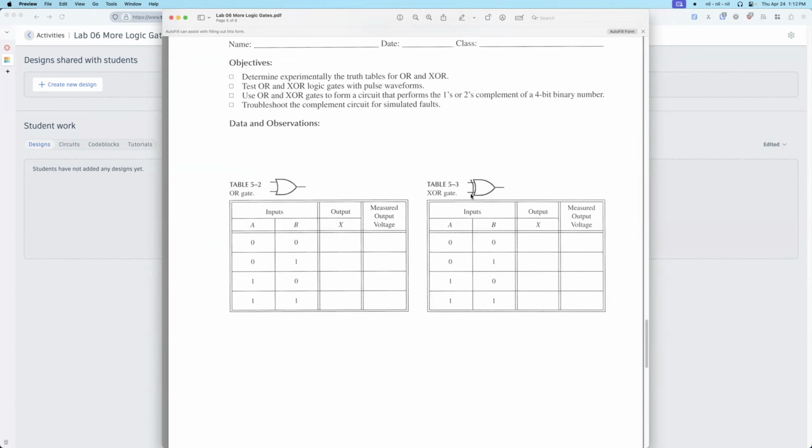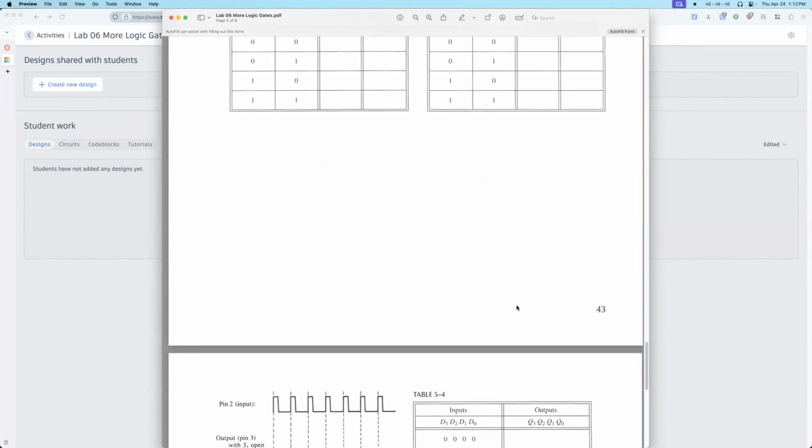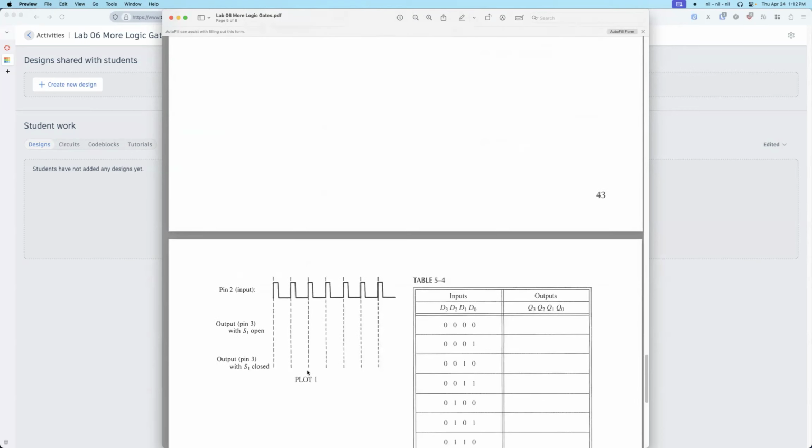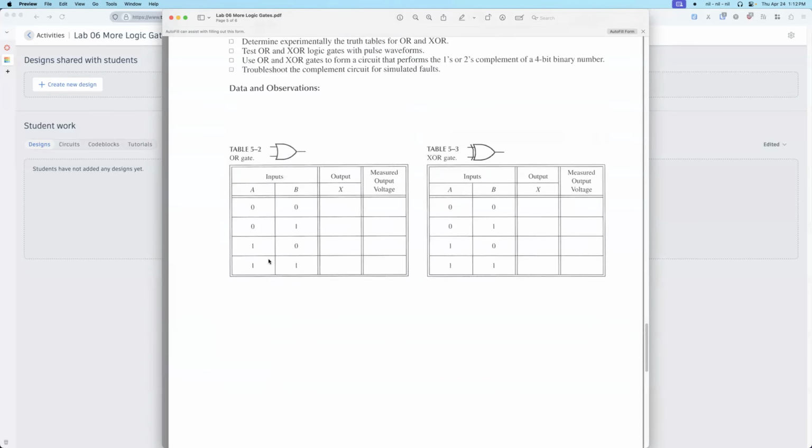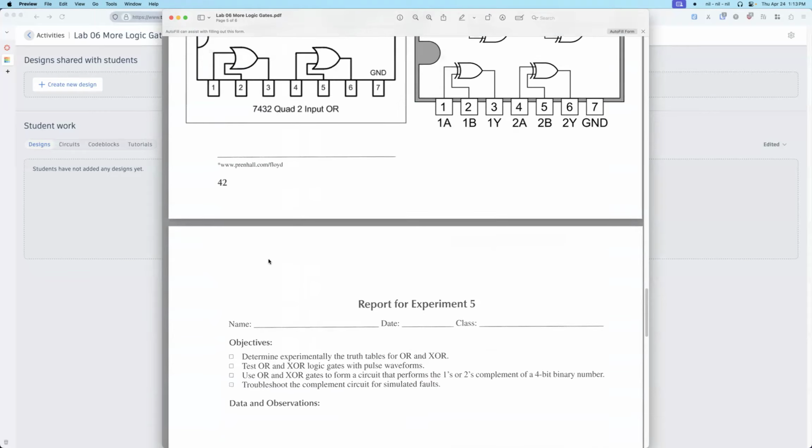Step two, find the XOR gate truth table, similarly. Then step three, you need to input a signal, a square wave, then draw the output with the different situations. So go to step one first.